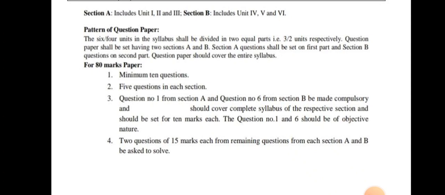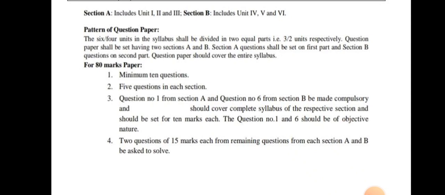The question numbers 1 and 6 should be of objective nature. Okay, so only the first and sixth questions will be objective, and the rest of the questions, that is question numbers 2 to 5 and 7 to 10, will be descriptive. 2 questions of 15 marks each from the remaining questions from each of sections A and B are to be solved.